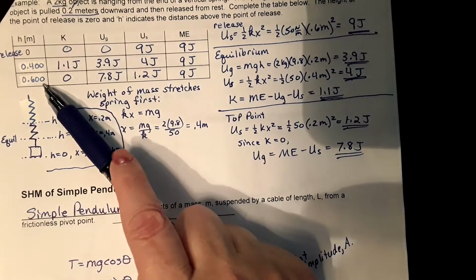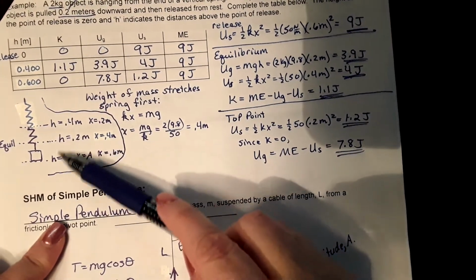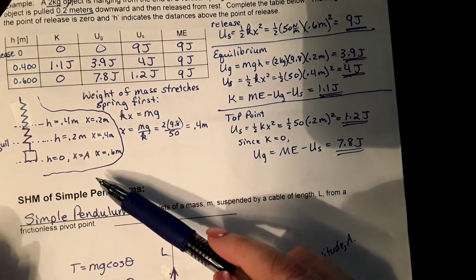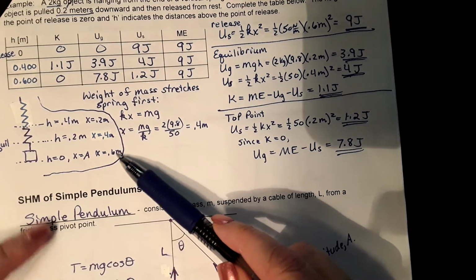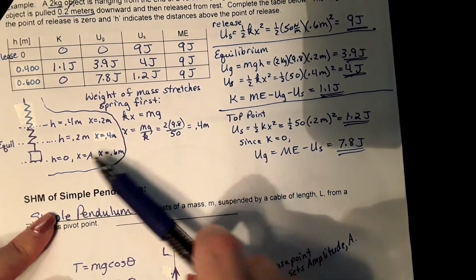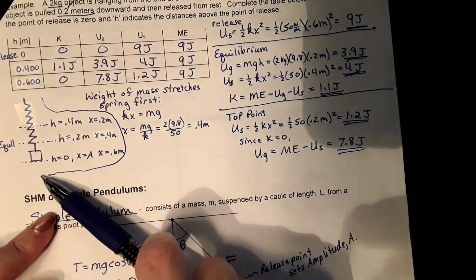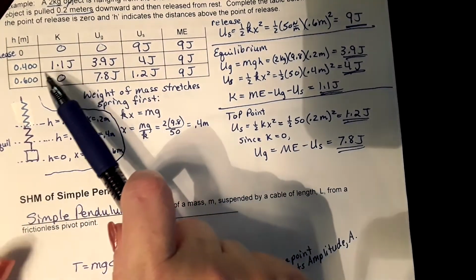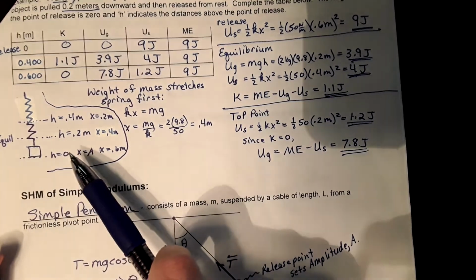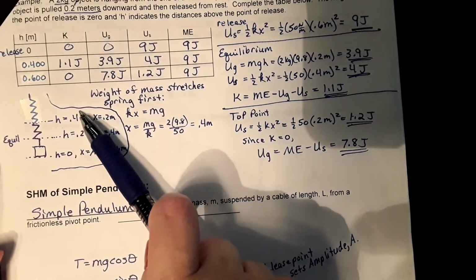At the top point, it's 0.6 meters above, not 0.6 meters. I think I wrote that down instead of what I was supposed to. It's stretched down 6.6 centimeters, but it's only 0.4 centimeters above the bottom because we've got 0, 0.2, 0.4.